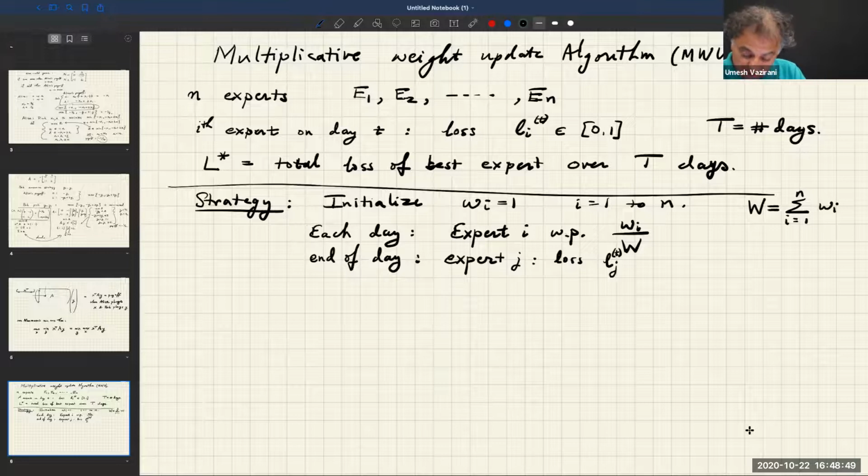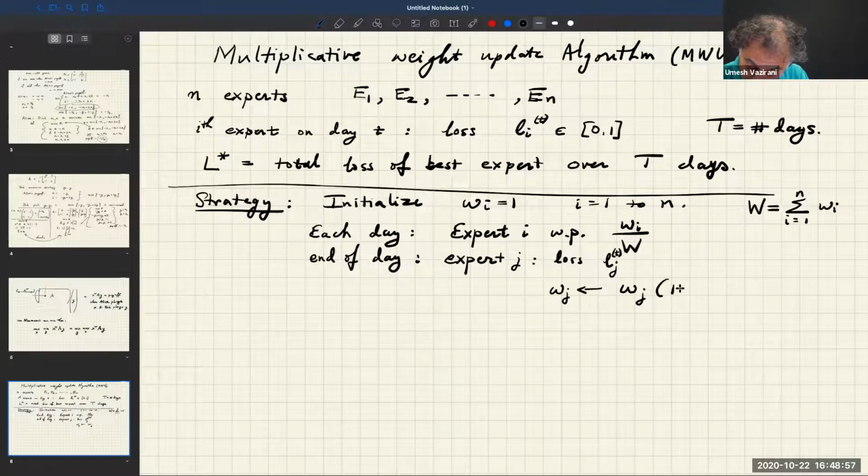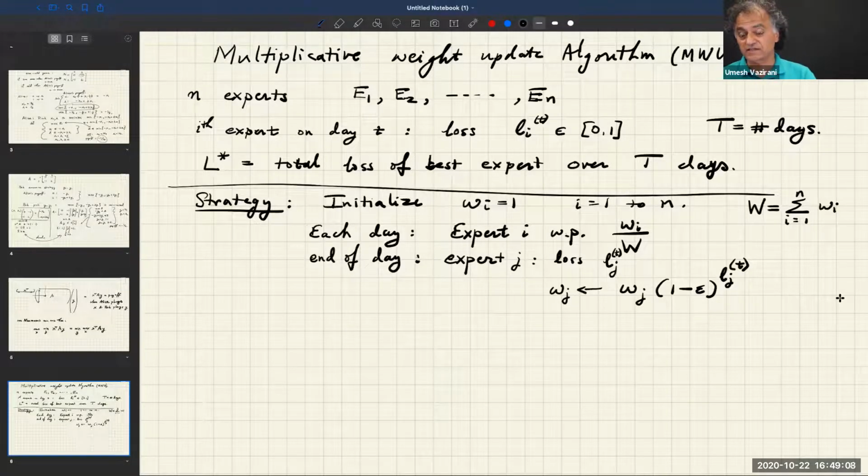So we are going to update W sub J to W sub J times (1 minus epsilon) to the power of L_J^T. So the more loss that this expert suffered, the smaller we make the weight.